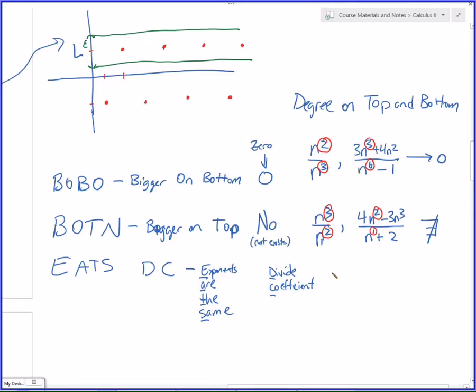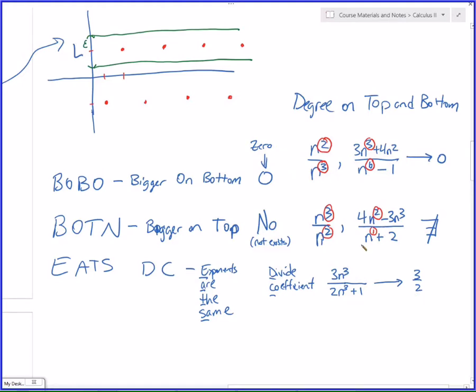All right, so if I had maybe 3n cubed over 2n cubed plus 1. I'll throw a plus 1 in there so you don't just cancel the n cubes. What does that go to? As n gets large, that gets closer and closer to 3 halves.